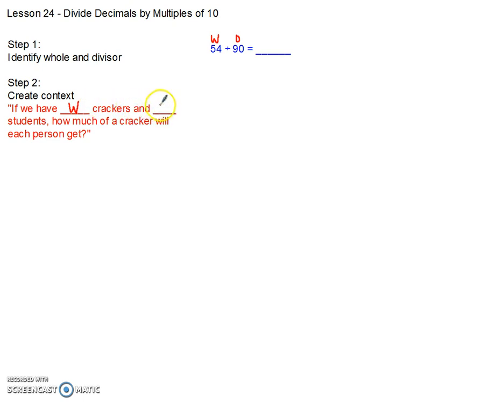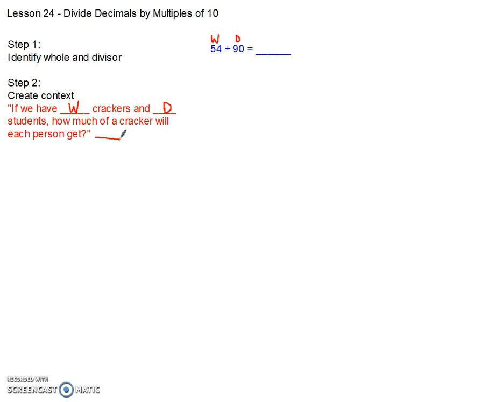And blank students, that's kind of like how many parts or groups we're going to have. So that would be our divisor. And then our quotient would be the answer to this question: how much of a cracker will each person get? So altogether our context would be, if we have 54 crackers and 90 students, how much of a cracker will each person get?